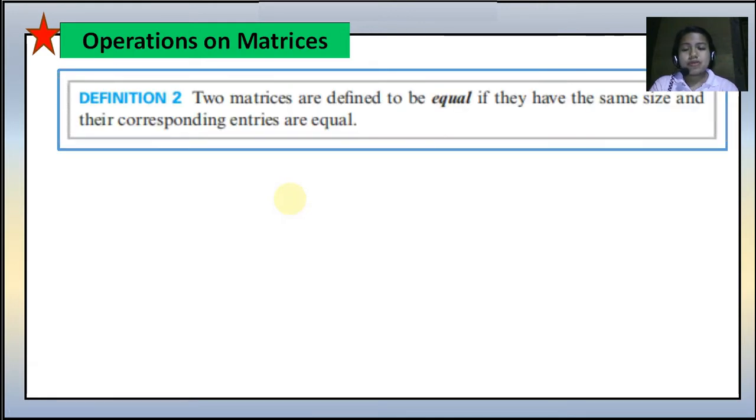Now we have operations of matrices. Under this topic, we have definition 2. Two matrices are defined to be equal if they have the same size and their corresponding entries are equal. So we can say that two matrices are equal if and only if they have the same size, meaning they have the same rows and the same columns, and at the same time the entries in the corresponding locations of the two matrices are the same.